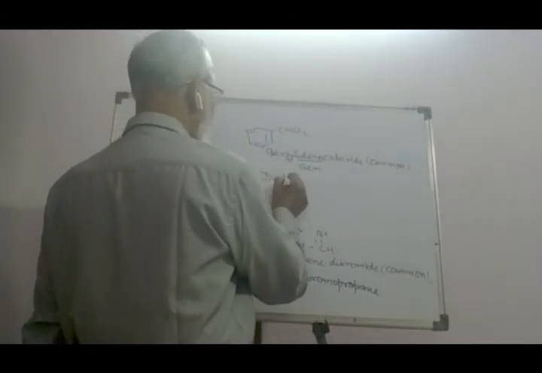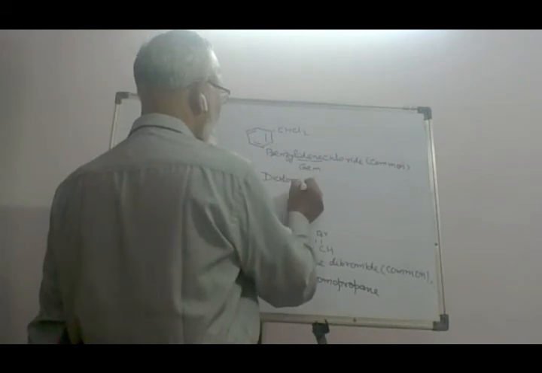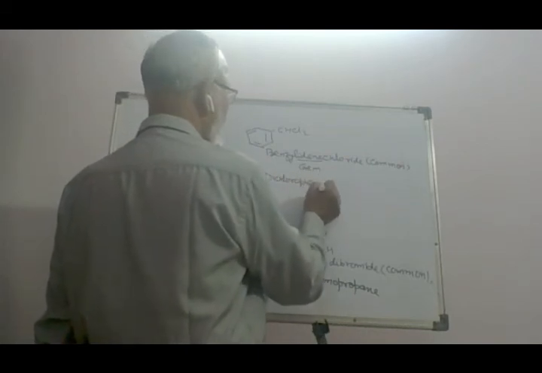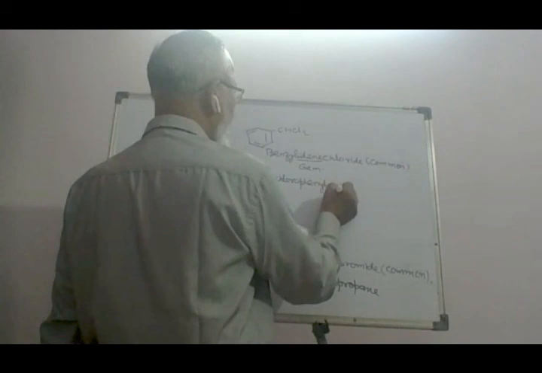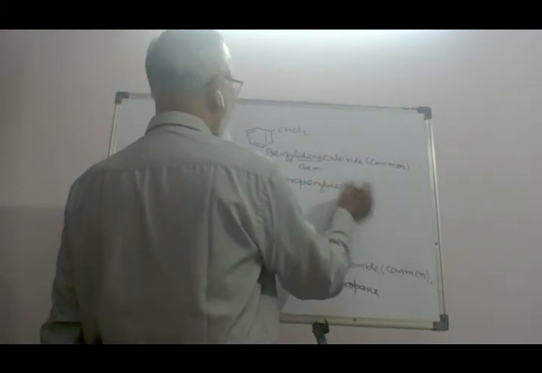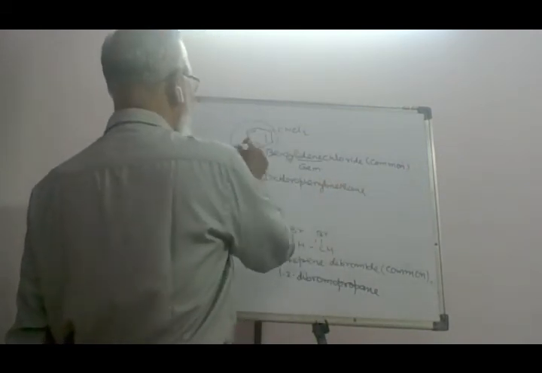So this compound will be dichlorophenyl, because of one carbon atom the root will be meth, and because of single bond, methane. So this will be the phenyl group.